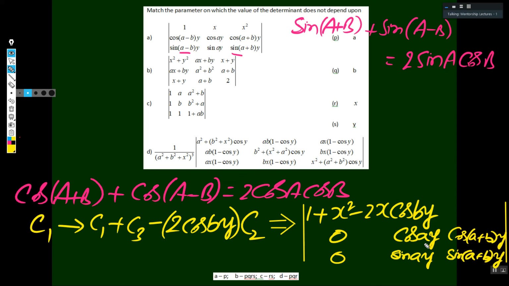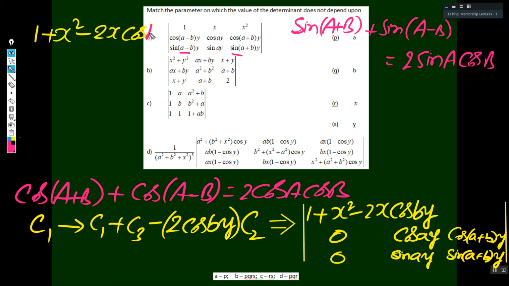Of course, it also again takes the formula sin A cos B minus cos A sin B. I think just check it out. It takes the formula form.